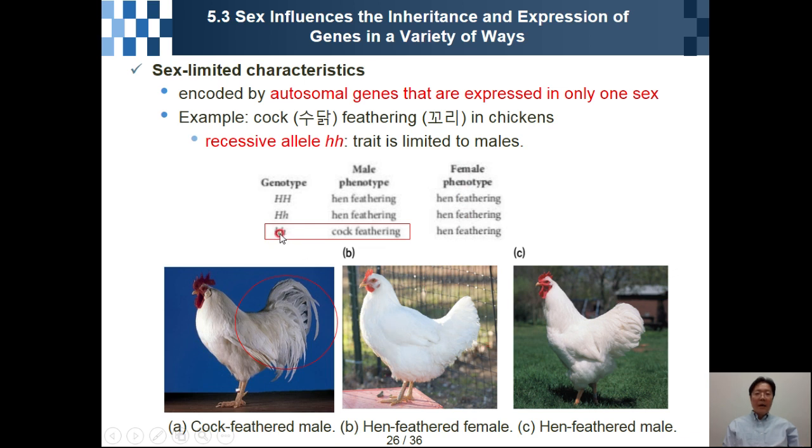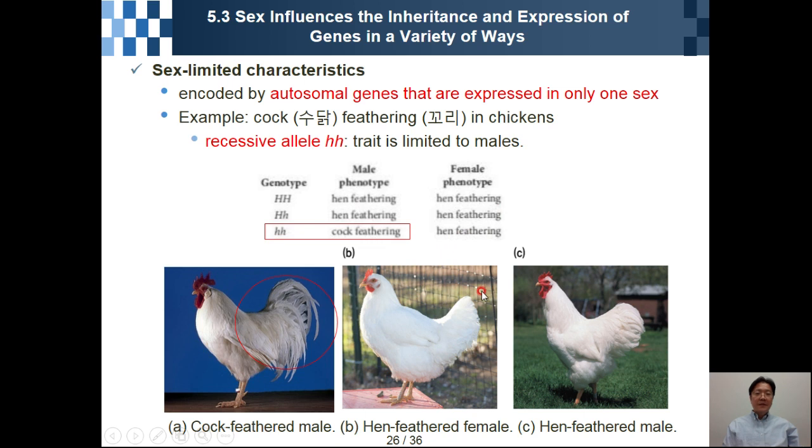How about small h small h? Because the recessive allele small hh is expressed only in the male, they show cock feathering like this. But for the female phenotype, even though they have small h, it will not be expressed in the female, so their feathering is hen feathering like this.